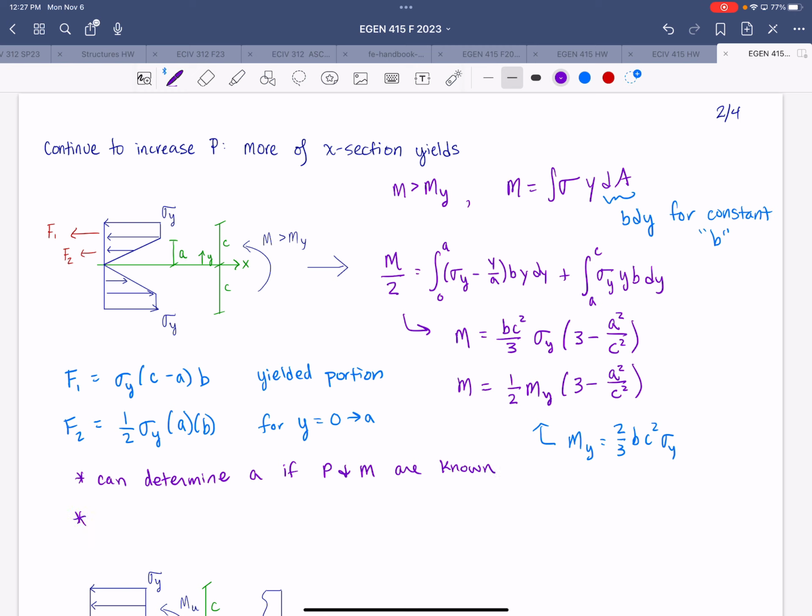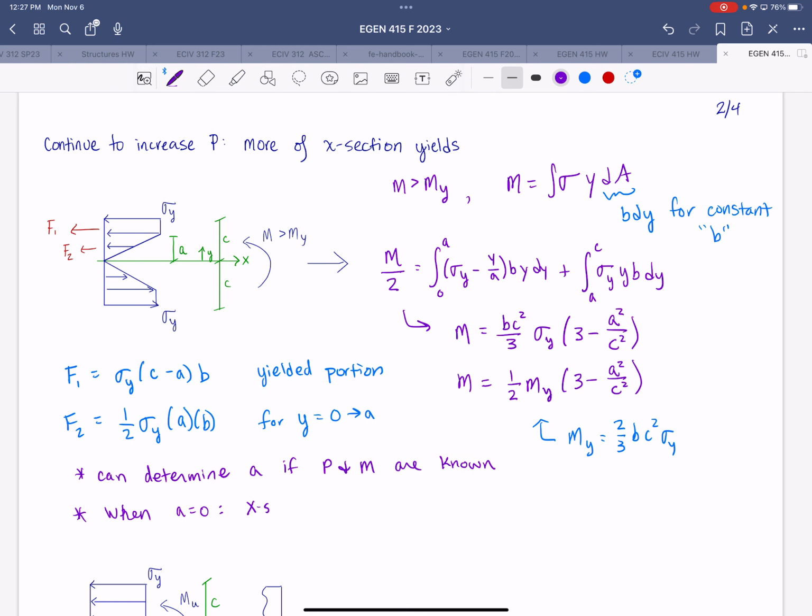And then also note that when A is equal to 0, that represents the condition where the cross-section has fully yielded, right? So that represents the state of ultimate failure.